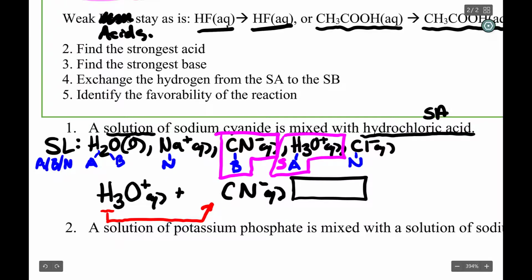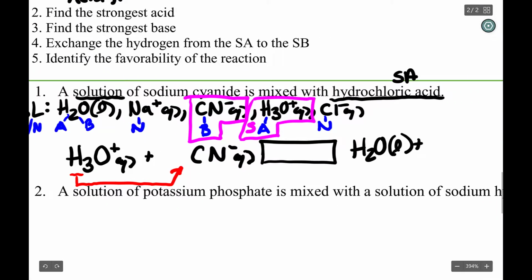So what's left of hydronium would be water. And the CN- has gained an H, and it has gained a positive, so now it's not negative. So there's my two pairs. I've got a conjugate pair of hydronium and water. That's one conjugate pair. And I have CN- and HCN.